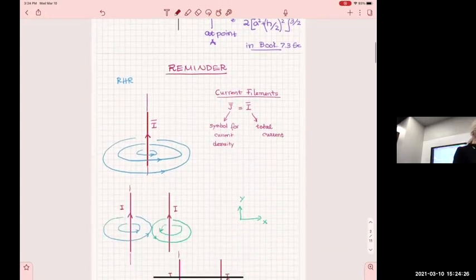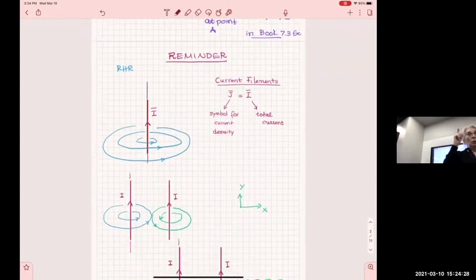What happens if I have not loops, but current filaments, like currents that flow on straight lines? There we go back and think about what kind of a magnetic field a current filament creates. And then we use the right-hand rule.